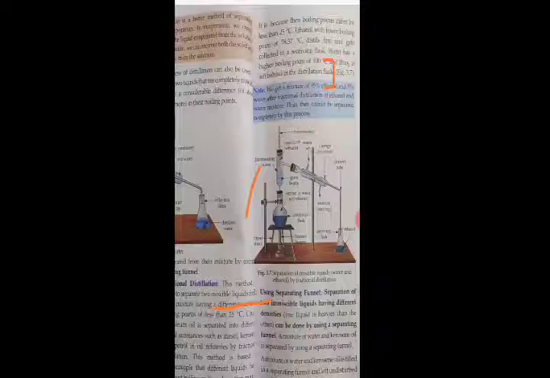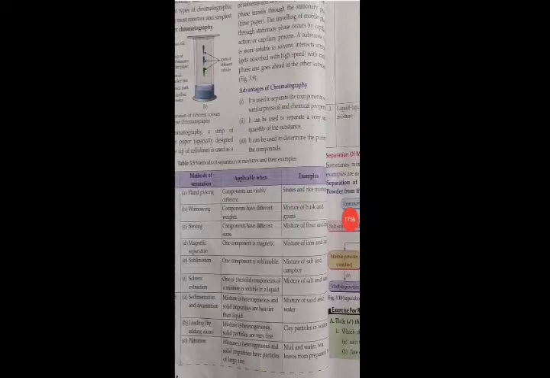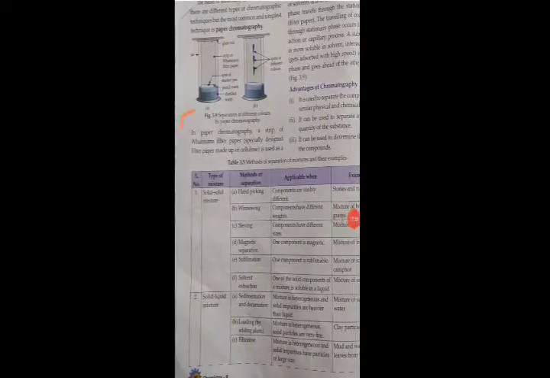Is it clear? Then describe the process of centrifugation and chromatography. Again, this is given on page number 33 for centrifugation, and chromatography on page number 36. Is it clear? So this is what you will write in chromatography till the end.